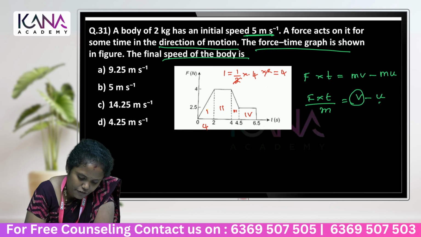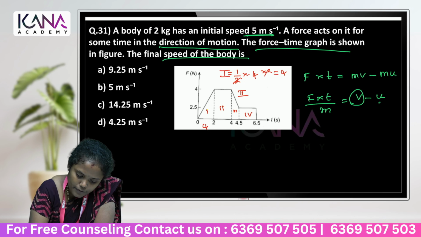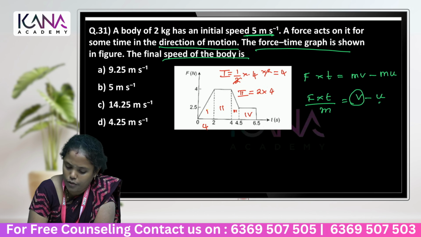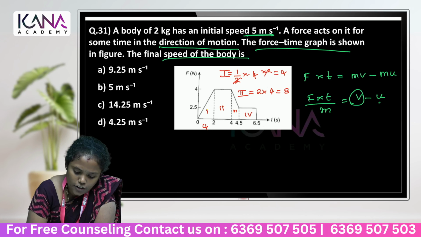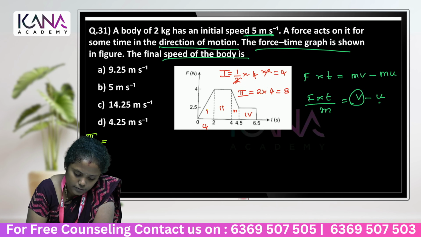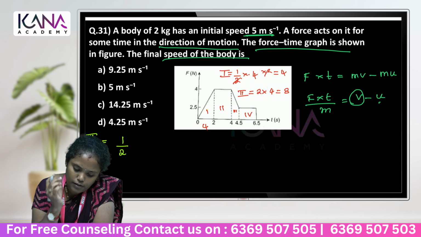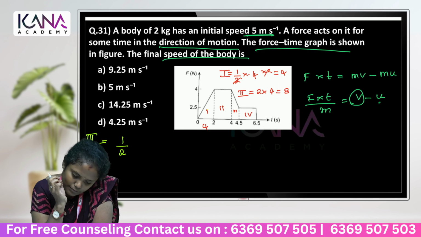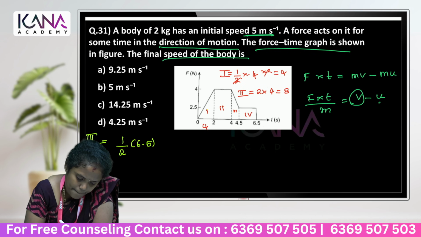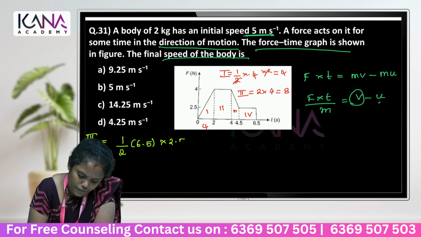Then for the second graph it is 4 minus 2, 2, 2 into 4, it is 8. For the third graph, half into 2.5.